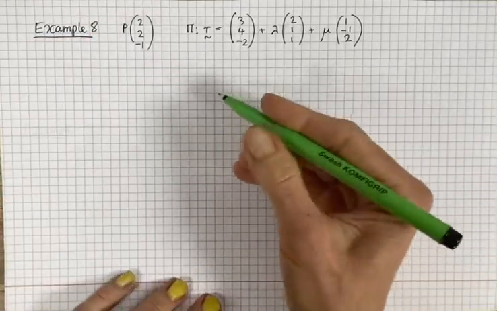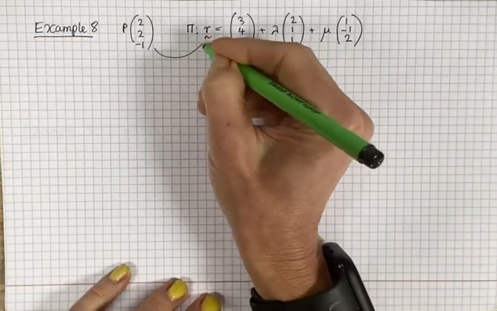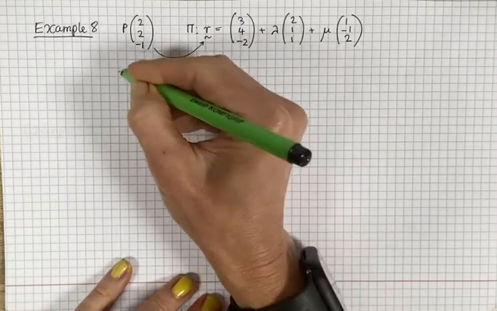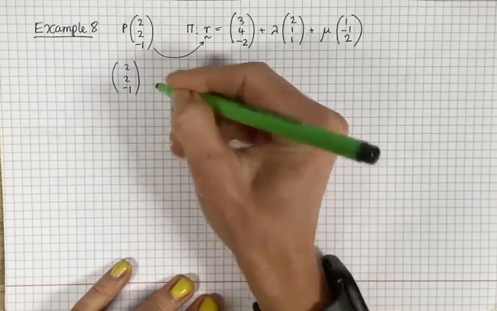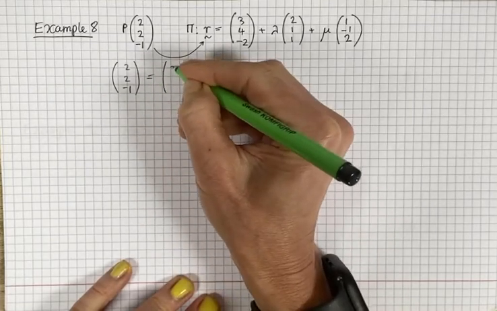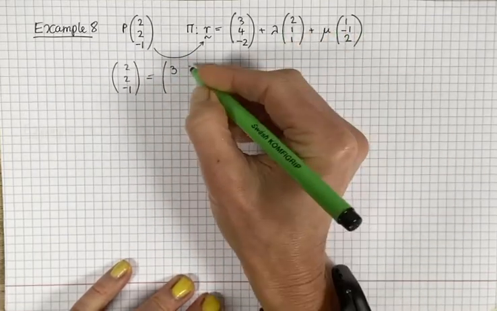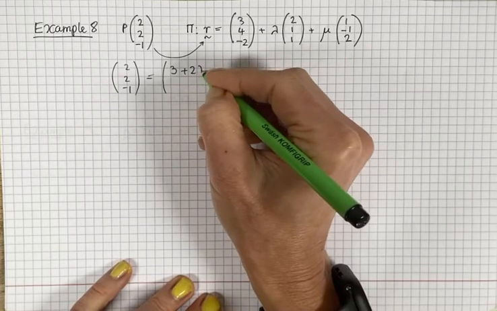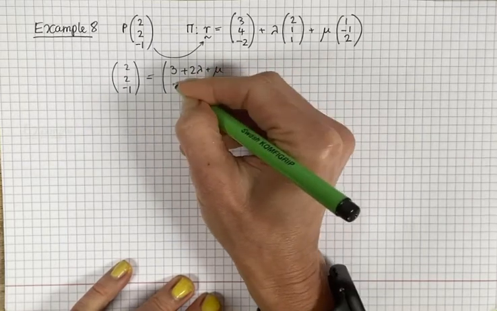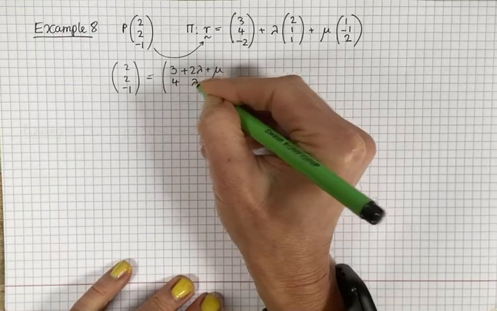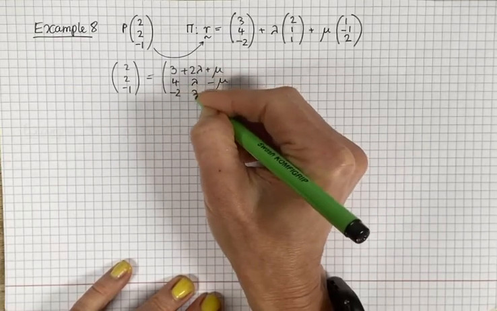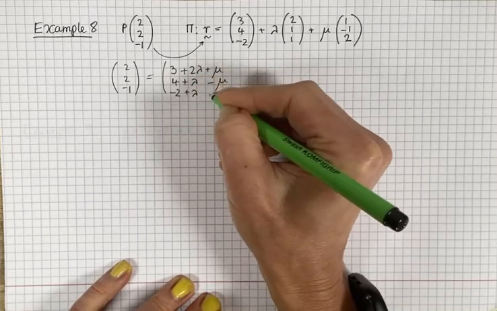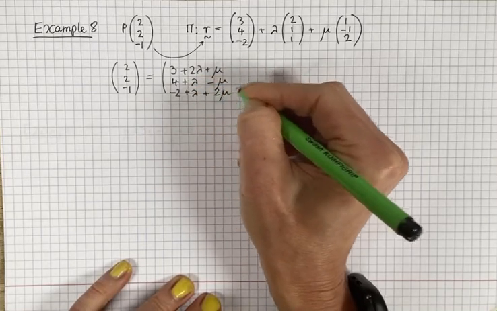What we're going to do is substitute the point 2, 2, minus 1 instead of r, because it needs to satisfy our equation. So it's 3, and you can put these components together, plus 2 lambda plus mu, 4, 1 lambda minus 1 mu, minus 2, 1 lambda plus 2 mu.